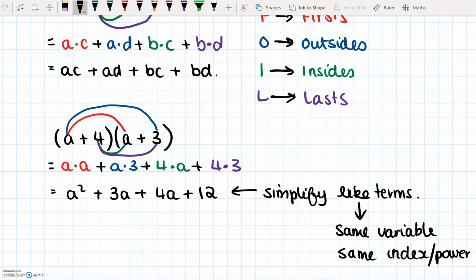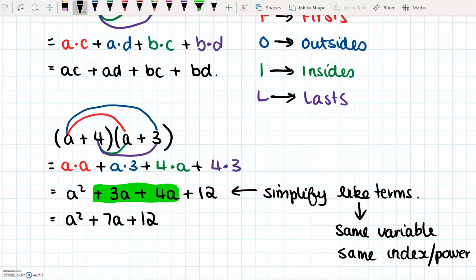Okay, so in this one you can see that our like terms are going to be, I'll highlight it here, 3A and 4A. Okay, and it's not just 3A and 4A, it's positive 3A plus 4A. Okay, so then we have A squared plus 7A plus 12, and we have just expanded these brackets.